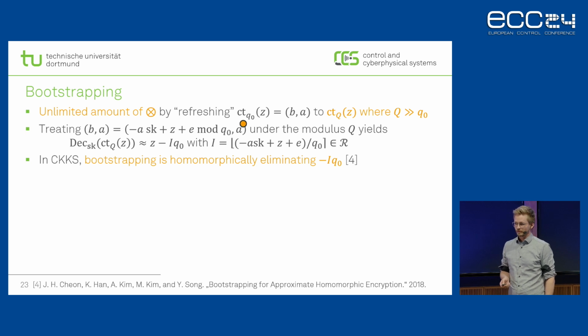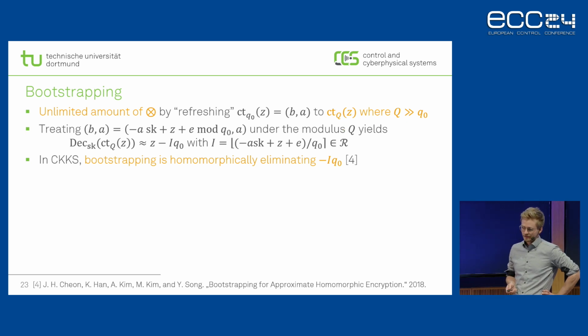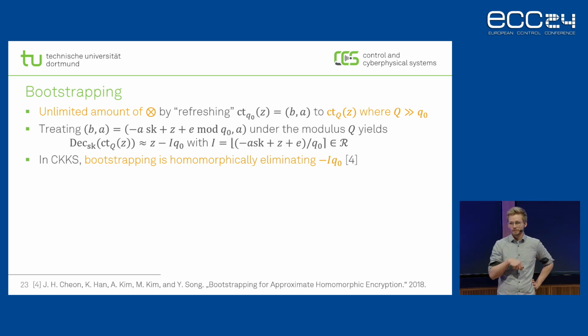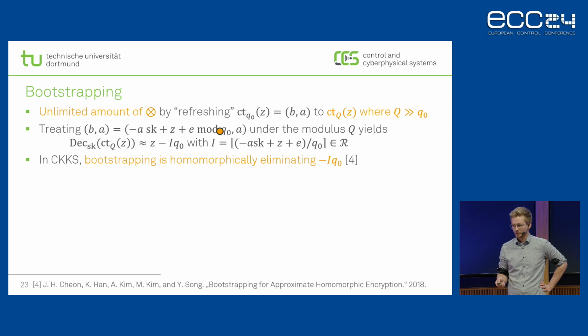increasing the base modulus of our ciphertext to a larger modulus Q, and that is in CKKS done as follows. We simply interpret the ciphertext that is at the base modulus in this large modulus, and then a different term comes into play, which is a multiple of our base modulus that would usually be reduced if we simply apply our modulo Q0 reduction.